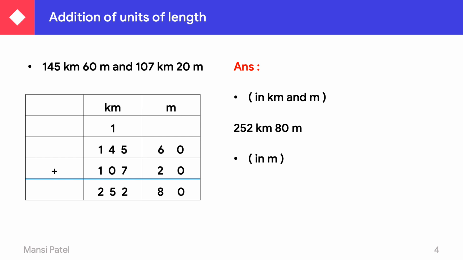As we know, 1 kilometer is equal to 1000 meter. So 252 kilometer is equal to? So we can say 2,52,000 meter plus 80 meter. The addition of both numbers is 2,52,080 meter.